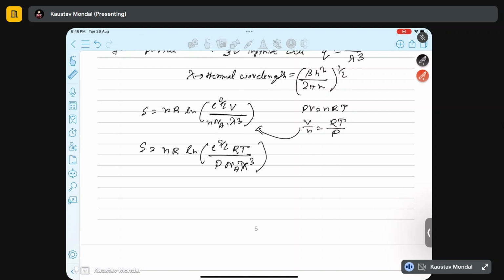So it depends upon the condition of the problem you are dealing with. If in the problem the pressure is changing while the volume remains constant, or the volume is changing while pressure and temperature remain constant, in different scenarios you can use different forms of the entropy expression, depending upon the situation.